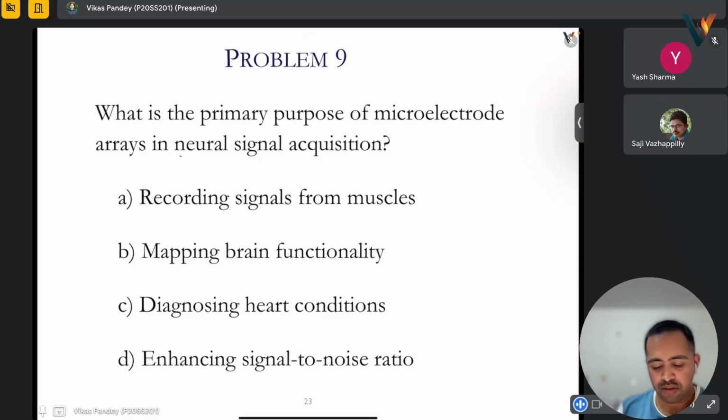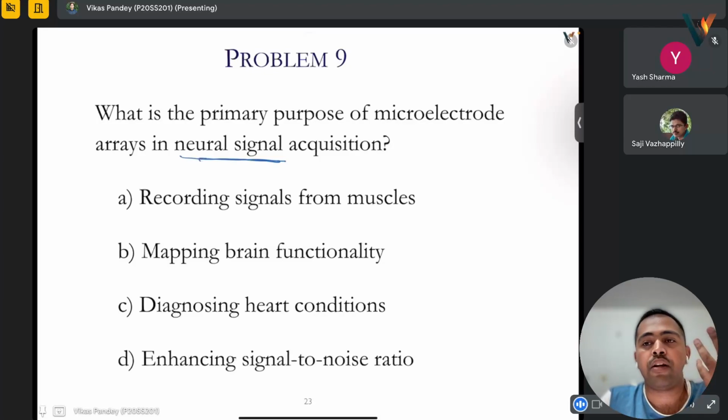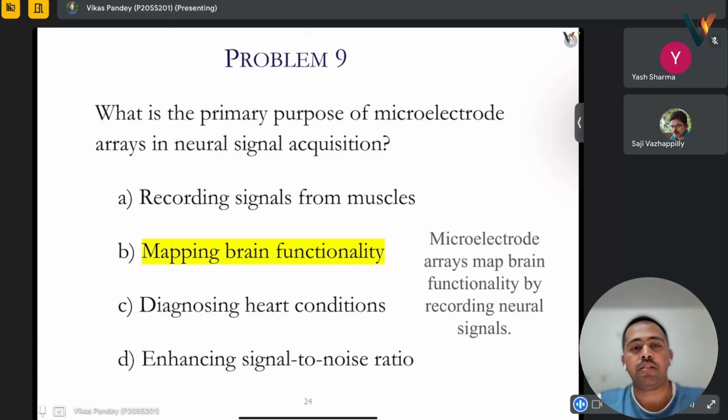When we are talking about neural signals, muscles also have signals, but that is not of much interest. Certainly we can record from muscles also, and in fact, myocardial muscles also have signals that are recorded.